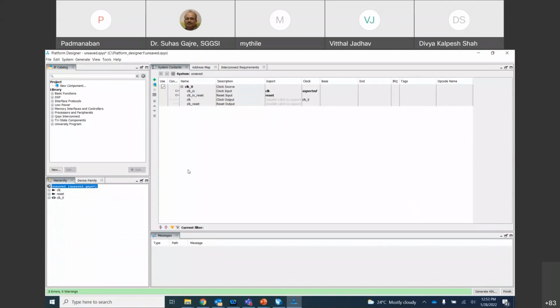With the clock and reset, we can connect all the other components whichever we require and then create a system. Now, since this is a design where we use the MAX 10 device, and I wanted to use a soft core processor, I can type here Nios, which is a soft core processor. You can see that the Nios II processor is there. You can double click that.